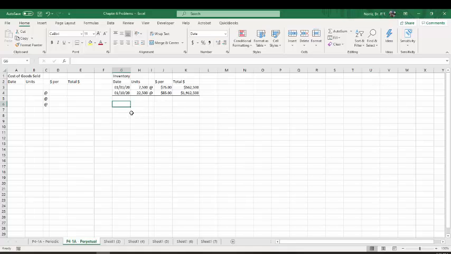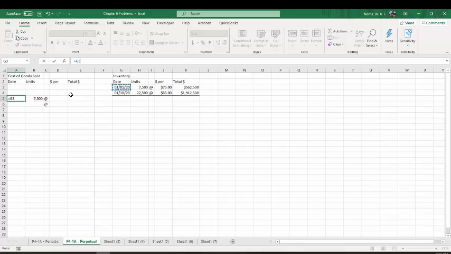Okay? We then sell 11,250 units. So we're selling them first in, first out. We're going to sell all 7,500 units that we started the year with, that each cost us $75, for that total 562,500.